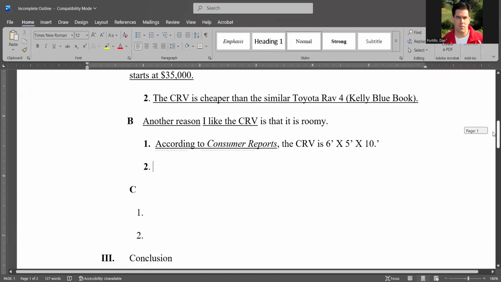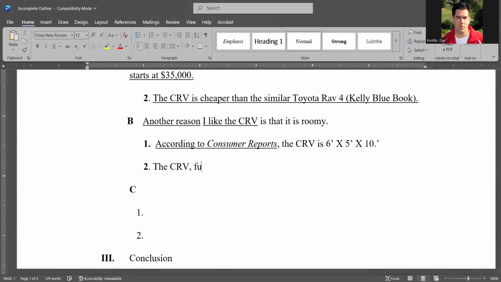And then for my second supporting detail, I might say, once again, do a little comparison and say the CRV, furthermore, so kind of a little transition to let you know, here's my second supporting detail, is roomier than the similar Toyota RAV4.